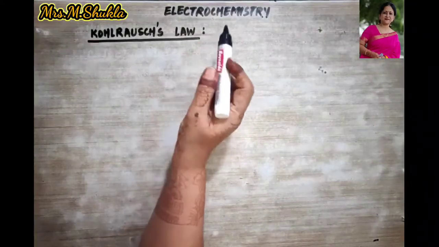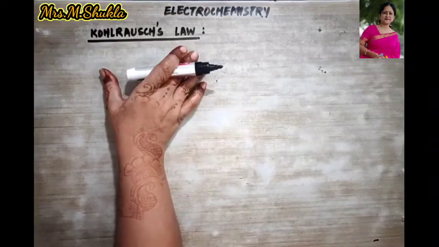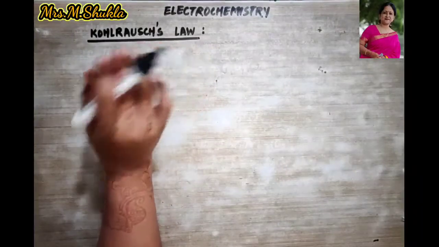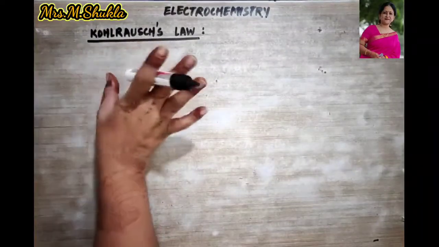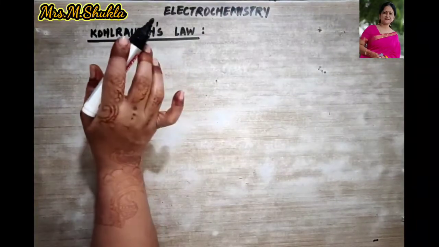So today in this chapter of electrochemistry we are going to study Kohlrausch's law. First, let us understand what this law says. We already know that any electrolyte is made up of cations and anions. Clear?